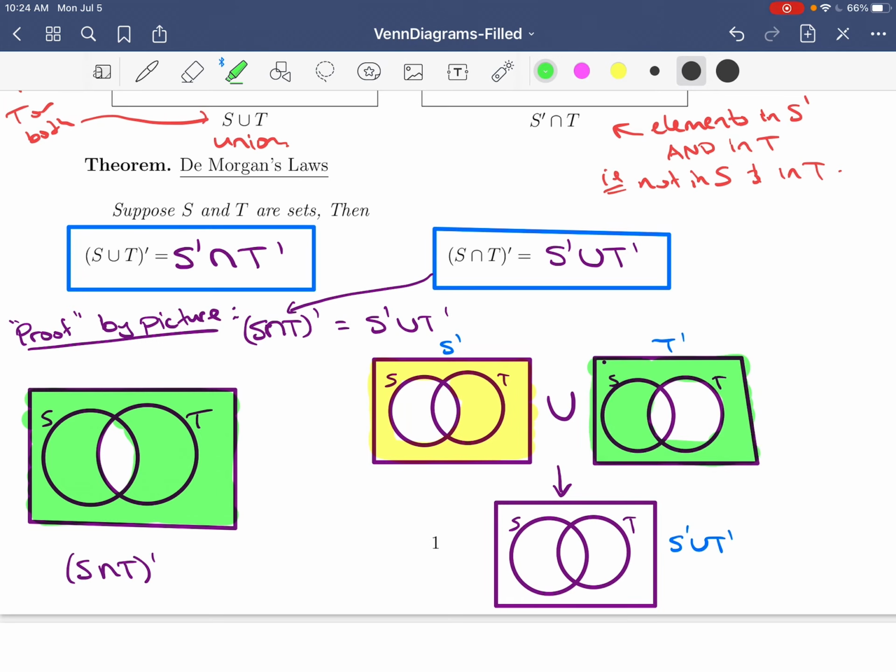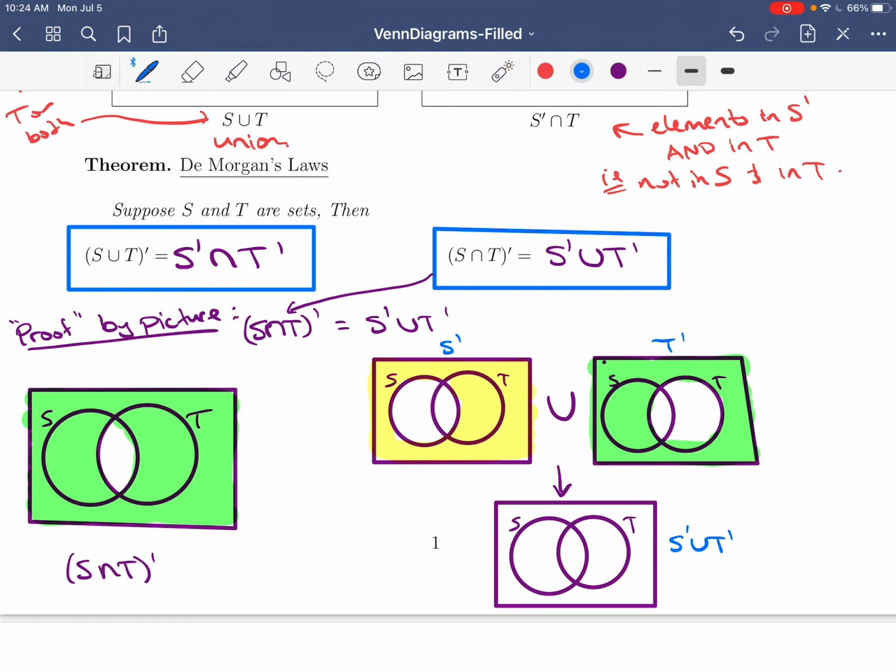Okay, so it looks like that. And then when you union two diagrams together, you just shade everything that's shaded, right? Because if I'm a union, it's everything in here, or both. Okay, so we shade everything.